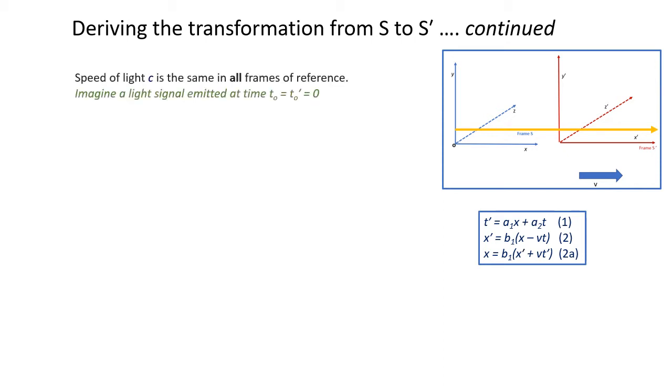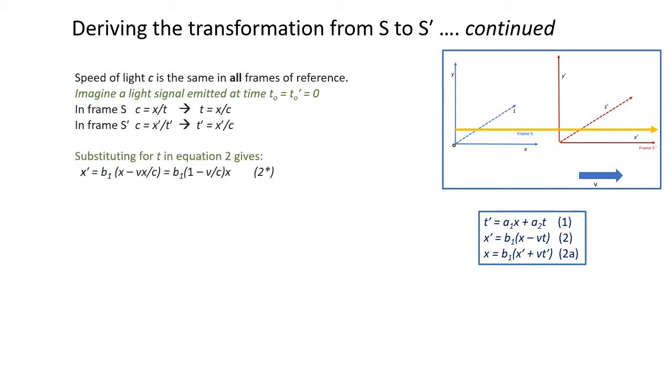The speed of light is the same in all frames of reference. So if we take a light signal shown as a yellow arrow, c, the speed of light, equals x over t, but is also equal to x' over t'. So t equals x over c, and t' equals x' over c. We can substitute for t in equation 2, and this will give us x' equals b1 into 1 minus v over c x.